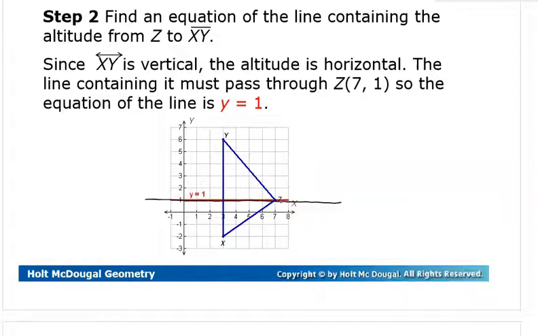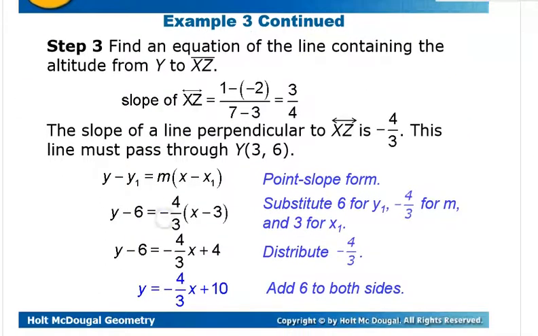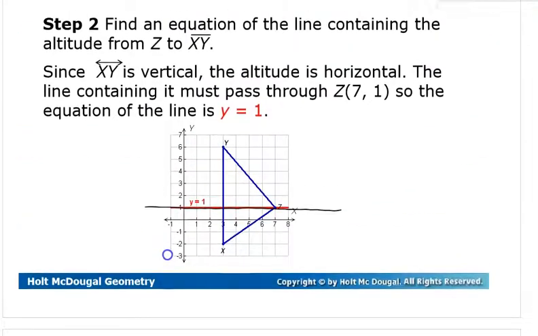Now you need to find the perpendicular line passing through an angle of another side. So this is where you need to remember your Algebra 1 stuff. To get a perpendicular line, we're going to take the slope and find the opposite reciprocal, and that's going to be perpendicular. So the slope of XZ is what they're starting with.